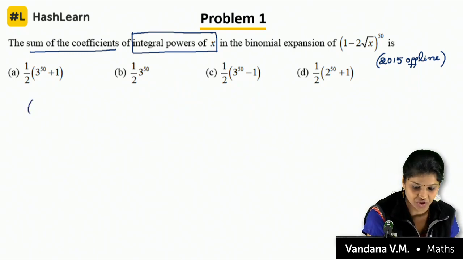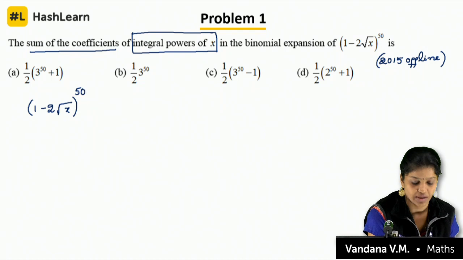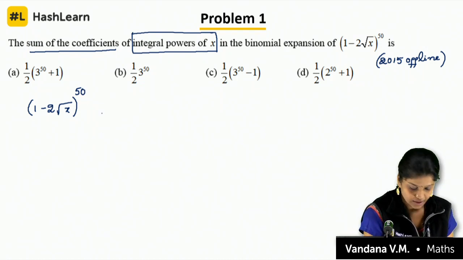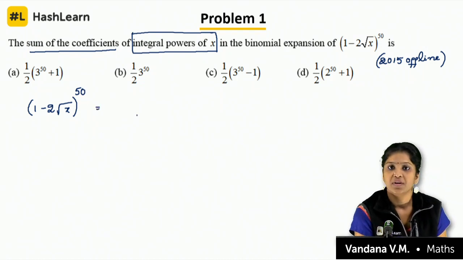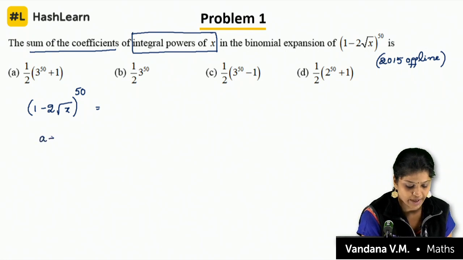See, the given question is 1 minus 2 root x whole power 50. Clear? Is equal to, usually how I used to explain, a plus b whole power n.